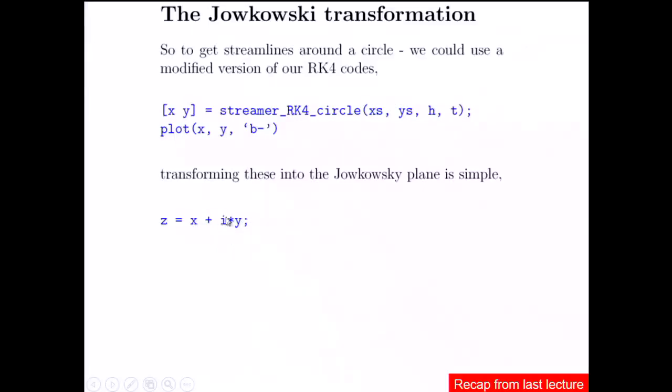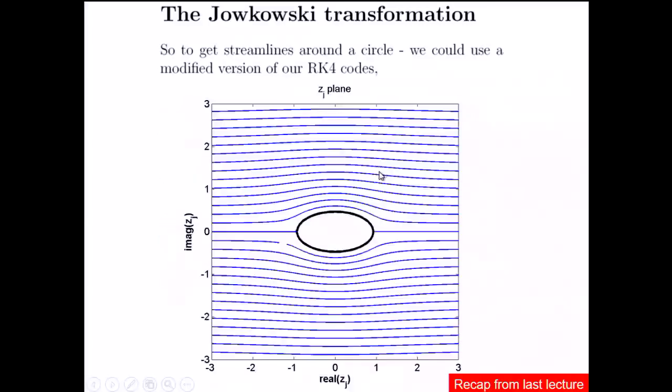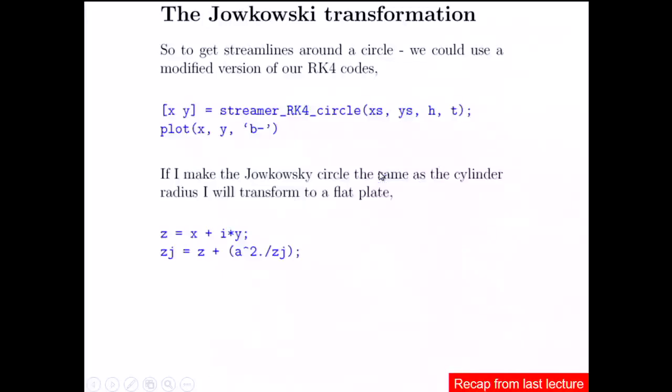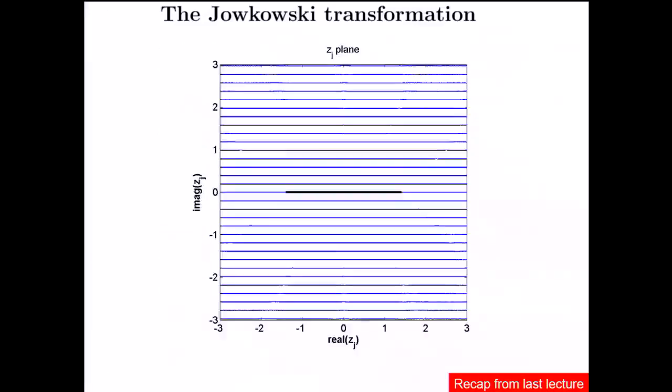I is just the imaginary unit in MATLAB. And then you use the Joukowski transform to transform the Z coordinate into Zj. And then you plot the new coordinate, which looks like this. Okay, and this A is just the radius of the cylinder in the original plane.